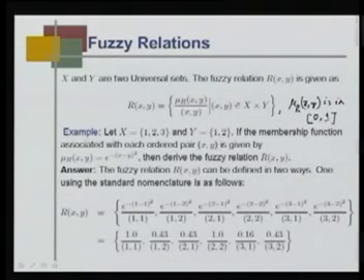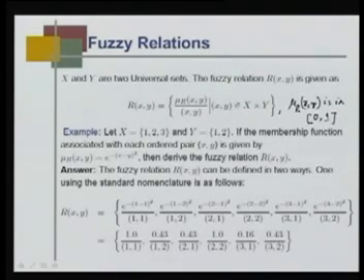So, here 1 1, 1 minus 1 whole square, 1 2, 1 minus 2 whole square, 2 1, 2 minus 1 whole square, 2 2, 2 minus 2 whole square, 3 1, 3 minus 1 whole square, 3 2, 3 minus 2 whole square, and if you compute them you find 1, 0.43, 0.43, 1, 0.16, 0.43, right.